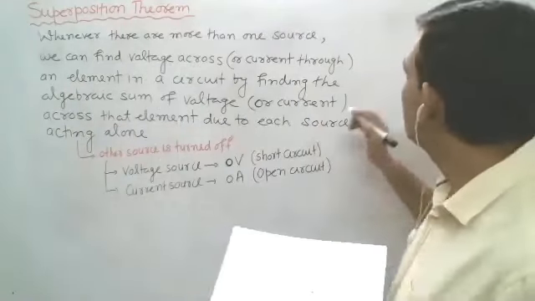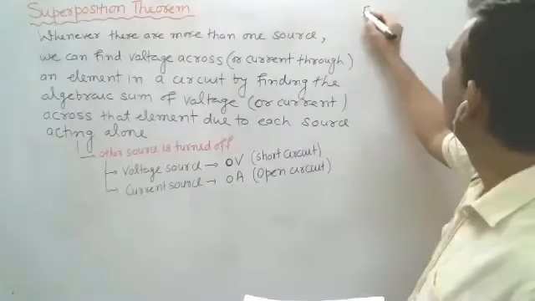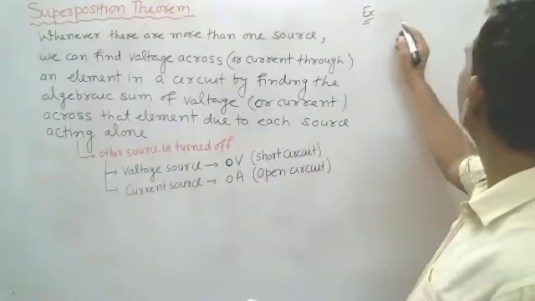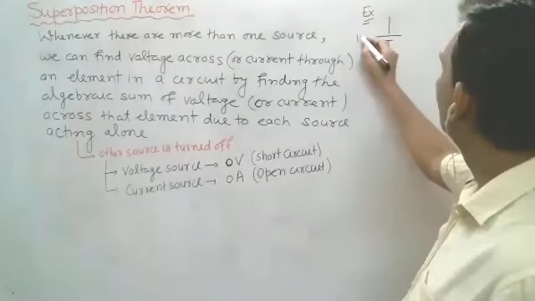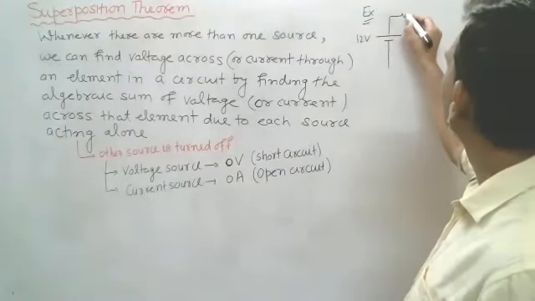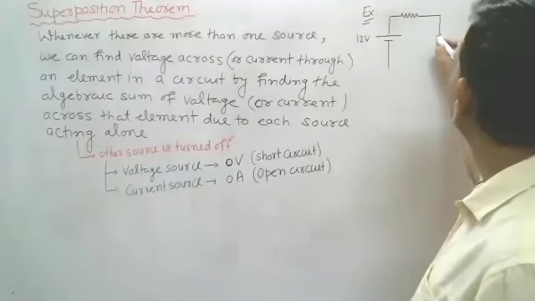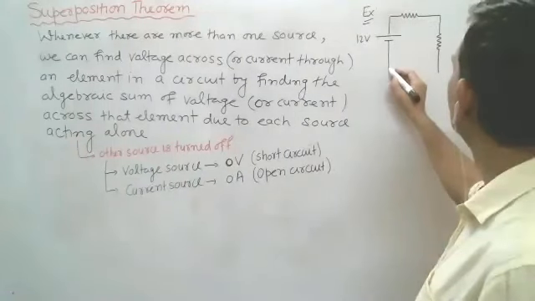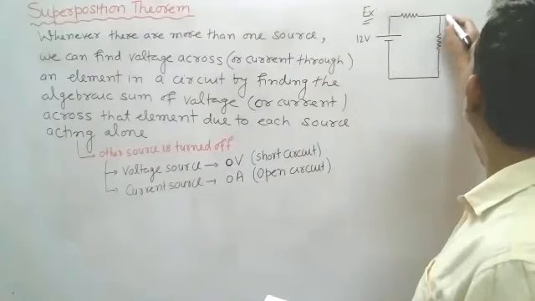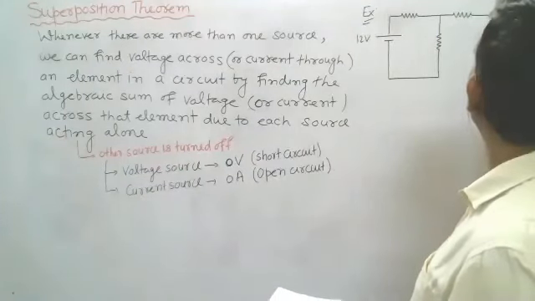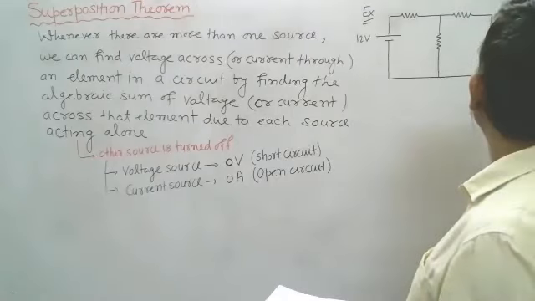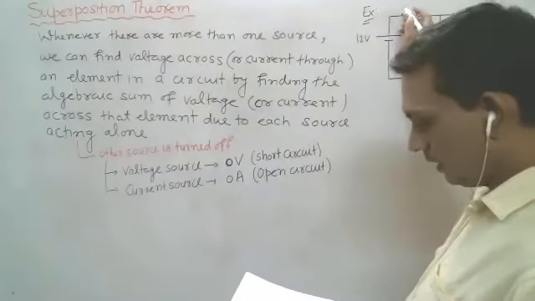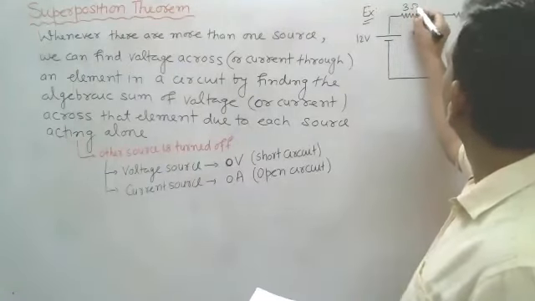So let us take the same example that we have discussed. This is 12 volt. This is 6 volt. Take this as 3 ohm.